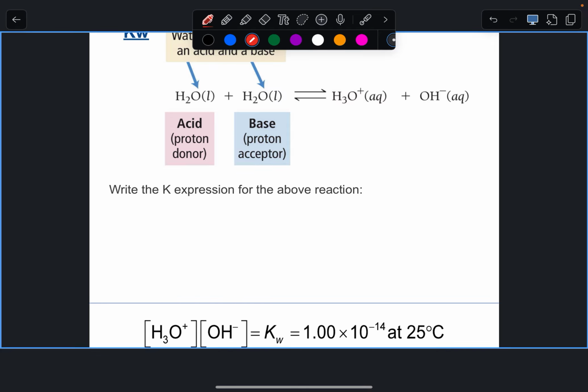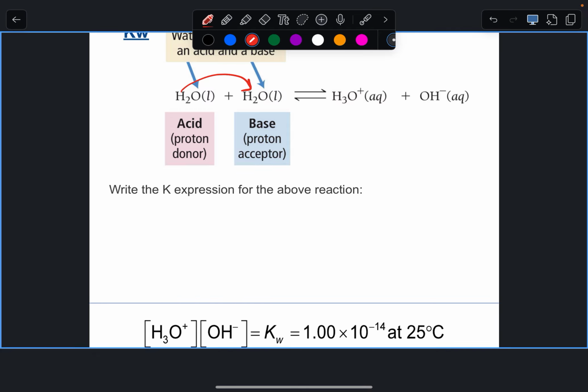So one molecule of water and another molecule of water swap a proton. One proton goes from one water to the other, and it makes H3O+ and OH minus. Which may seem weird, but it is so few of the water molecules that it's just not really noticeable.